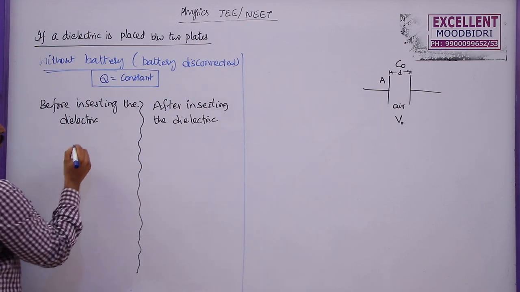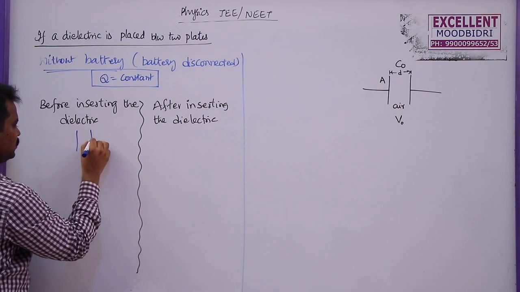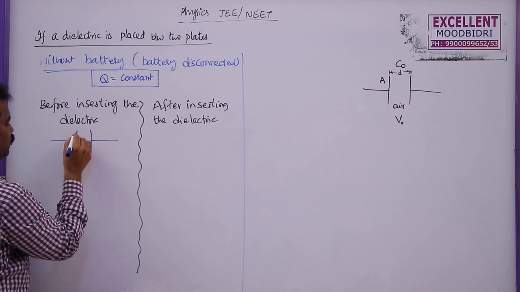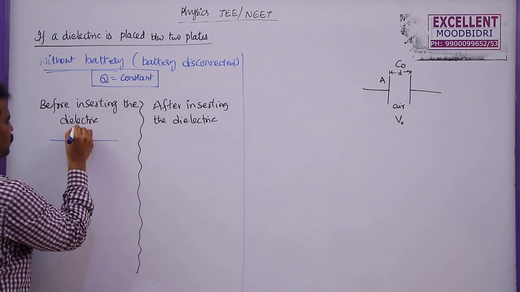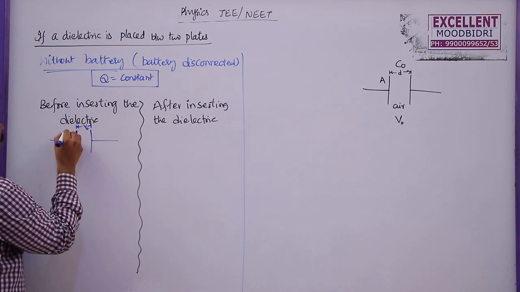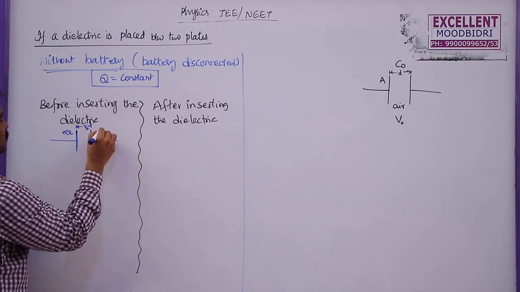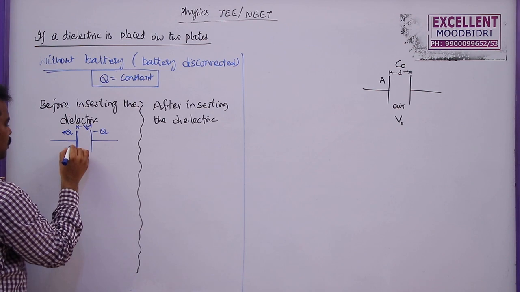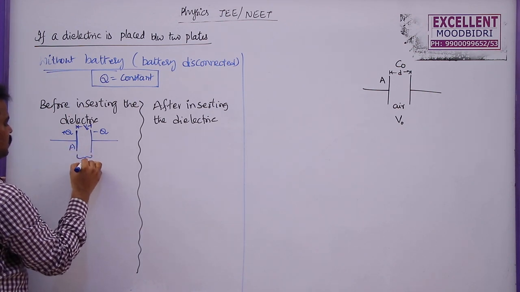So I am going to draw the diagram here. This is the capacitor, these are the two plates, and the potential difference between these two is V naught, and the charge on this one is plus Q, charge on this one is minus Q, and the area A, distance between these two is D.